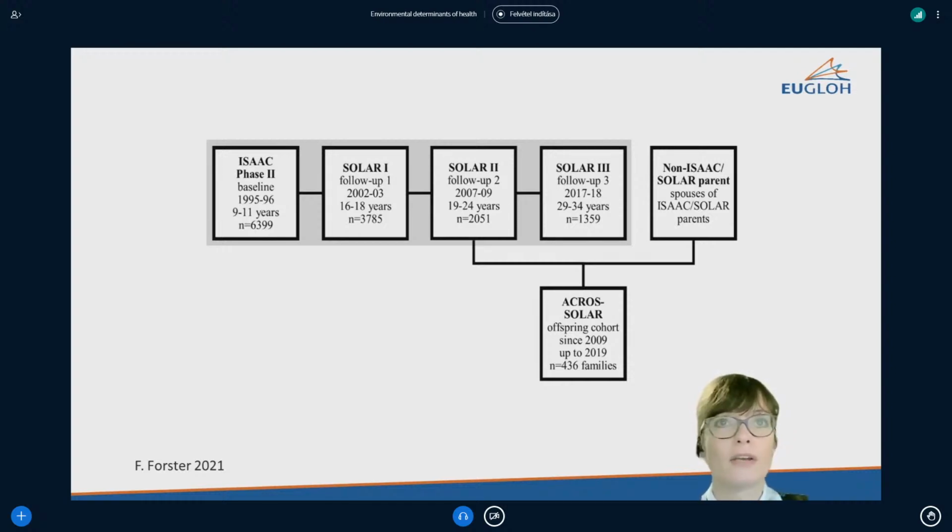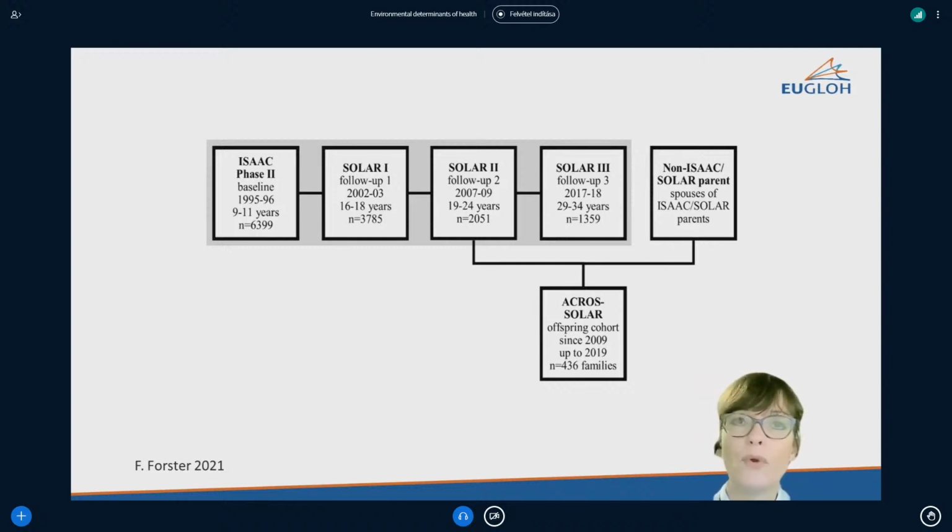It started as any cohort as a cross-sectional study. At recruitment, participants were around 10 years old. At that age, environmental and social characteristics were assessed, family health was asked, and information on early life factors was collected.